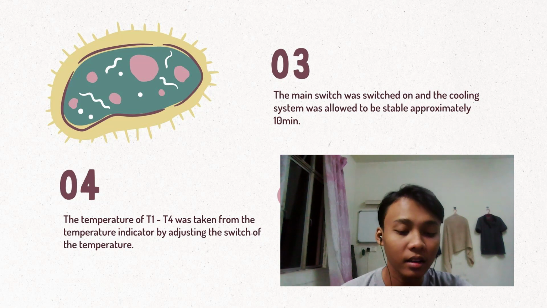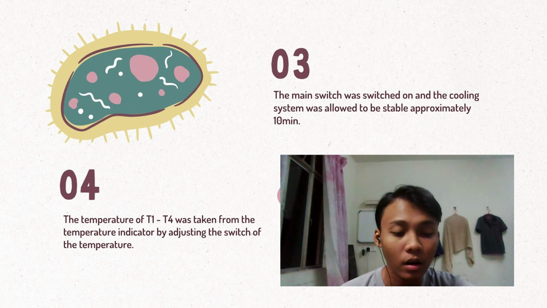The third step is we switch on the main switch, and we allow the cooling system to be stable for approximately 10 minutes. And the fourth step is we took the temperatures T1 to T4 from the temperature indicator by adjusting the temperature switch.